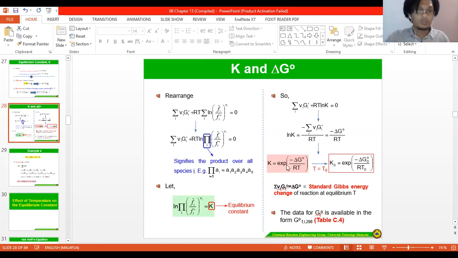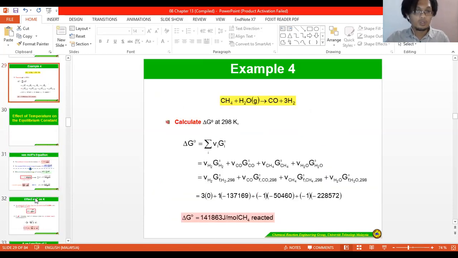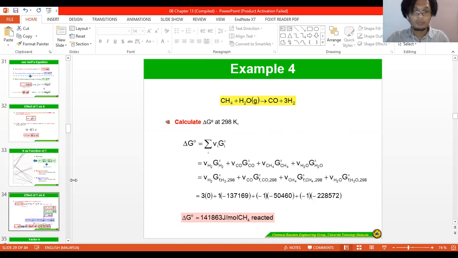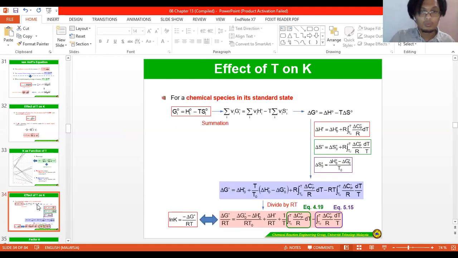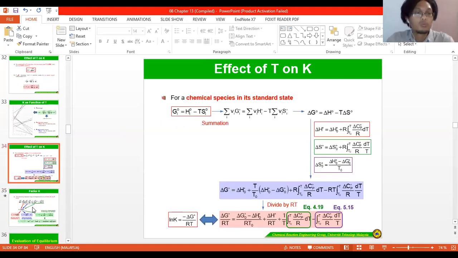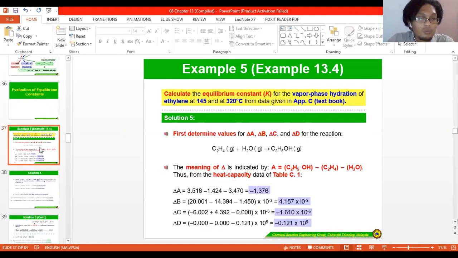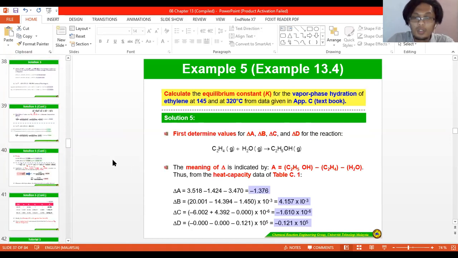This one is for a function of temperature. Can you determine? How about delta G naught?